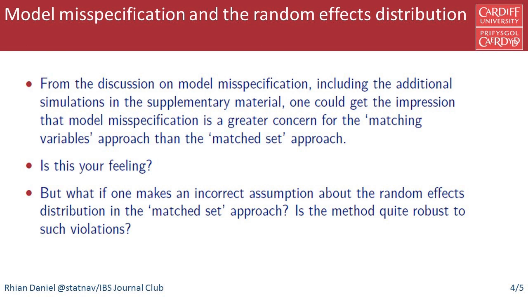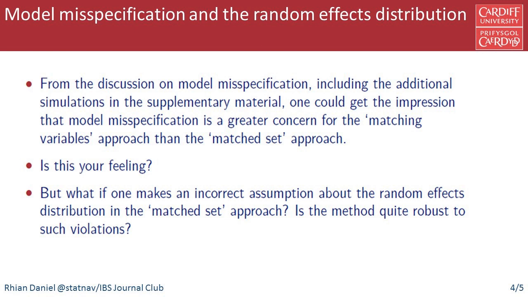I got the impression that model specification was, in their view, a greater concern for the matching variables approach than the match set approach. So first I wondered if we could get confirmation whether that was indeed the case. But then also, if that is the case, is that really a fair conclusion?